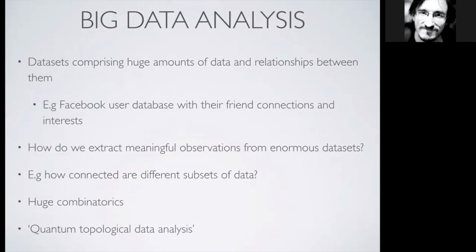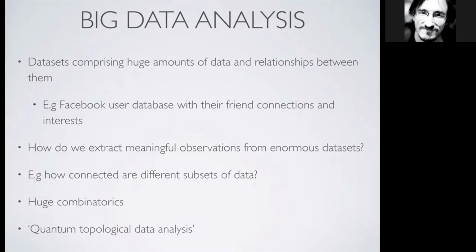They want to extract useful data from that, primarily for the purposes of targeted advertising. But of course, as you know from the whole Cambridge Analytica debacle, it can be used for a lot more nefarious things than that. So how do we extract meaningful information from enormous data sets like that? Well, that can be enormously complex too, answering questions like how connected are different subsets of the data.